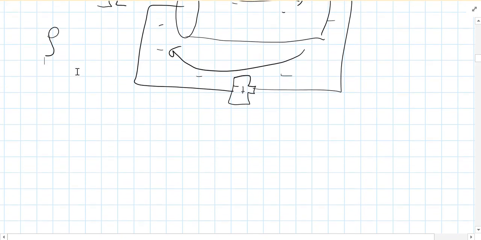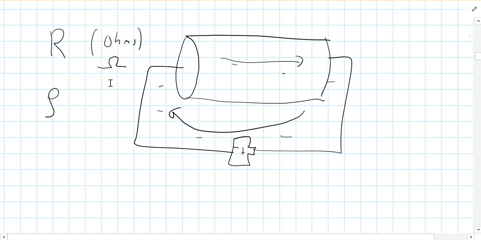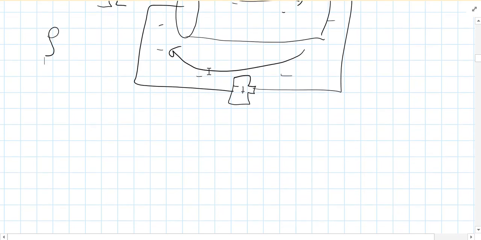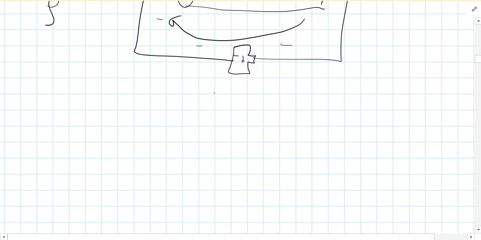Now, what else does resistance depend on? It depends on the shape of whatever the electrons are flowing through. If you had something that was this long versus something that was this long, which would be harder for electrons to get through?